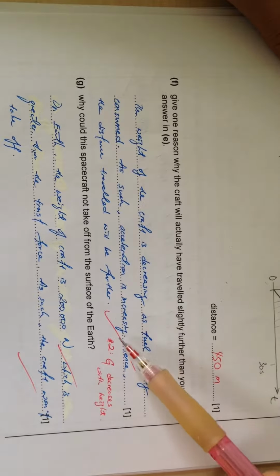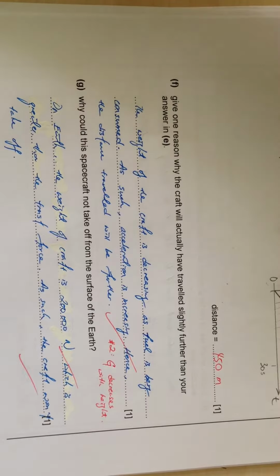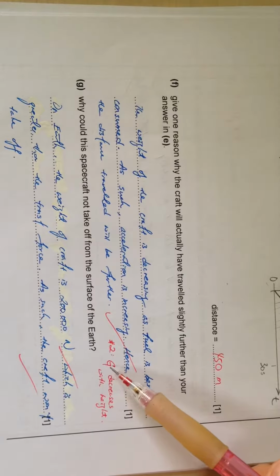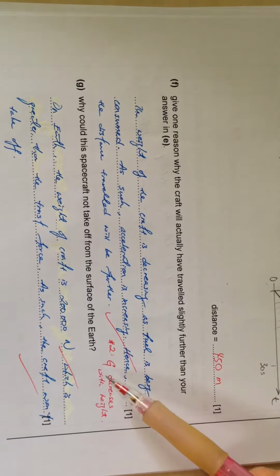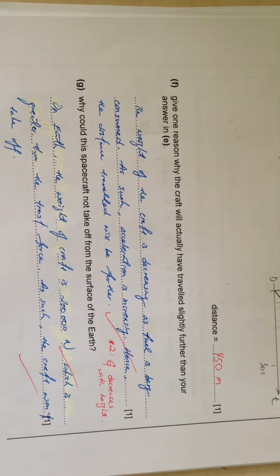Now, another reason is that gravity depends on how high or how far away you are from the planet. The further away you are from planet Earth, the less gravitational force you will feel. So actually the g here is not constant, meaning the weight of the spacecraft itself is decreasing as the spacecraft ascends.